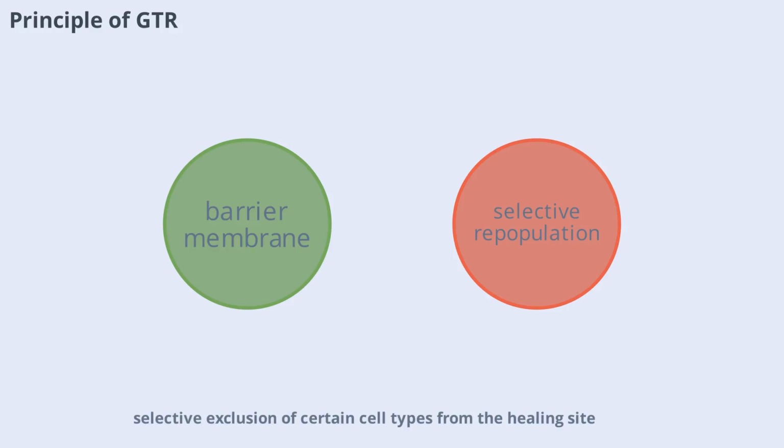By placing a barrier membrane over the defect, the rapid migration of epithelial and gingival connective tissue cells is prevented. This allows slower-growing periodontal ligament cells to repopulate the area, leading to true regeneration of the periodontal attachment apparatus. This selective repopulation is crucial for achieving optimal healing and restoring the lost structures around the tooth.